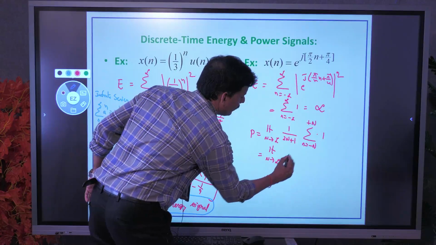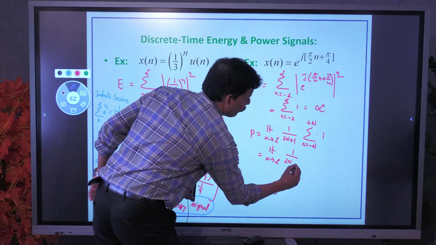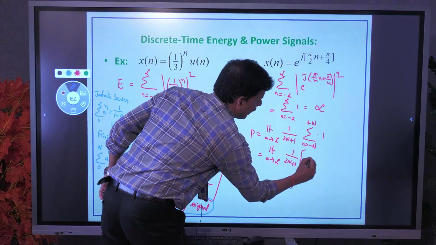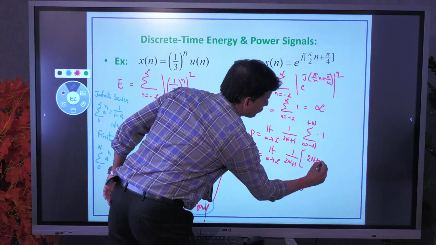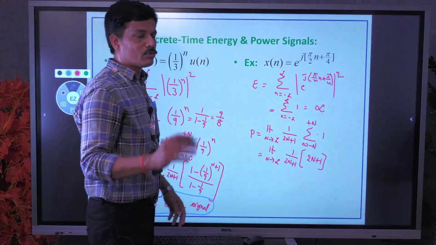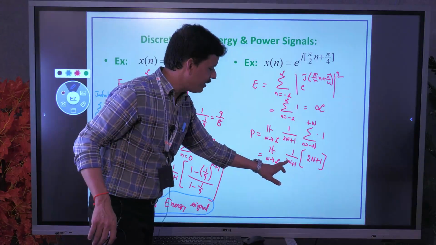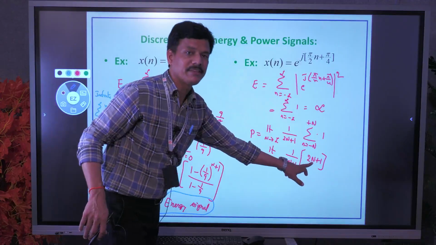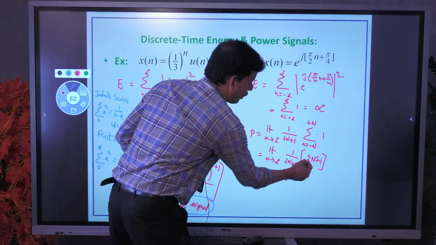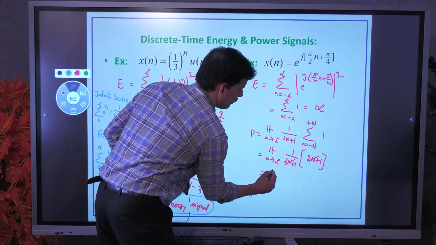The limit as N tends to infinity of 1/(2N+1) into the answer, which is 2N+1. Here there is a scope of cancellation of N with the answer obtained from the summation. So now these two are cancelled out, so the answer is 1.